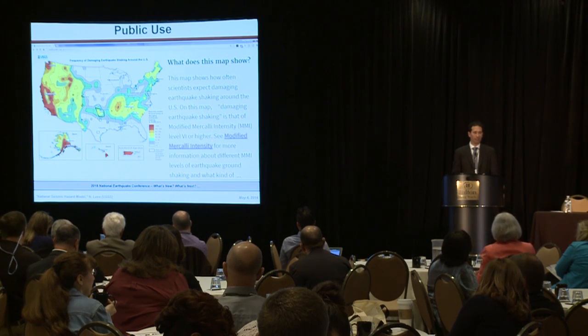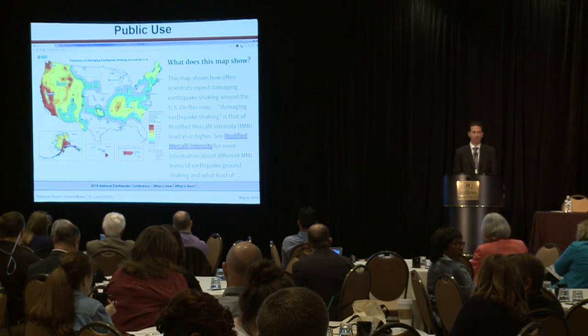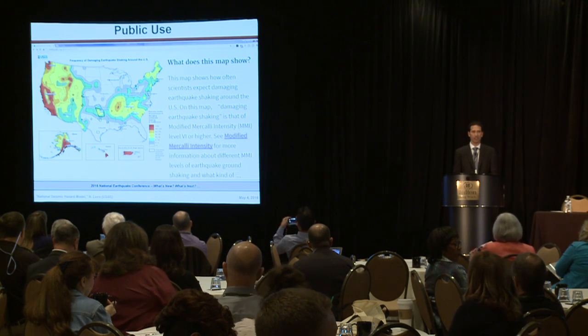Primarily, our maps have shown ground motions, spectral accelerations, quantities of g that are difficult to explain to the public, and that's because our primary users have been building codes and engineers. But now we're trying to show a map that simply shows how often damaging earthquake shaking happens across the US.